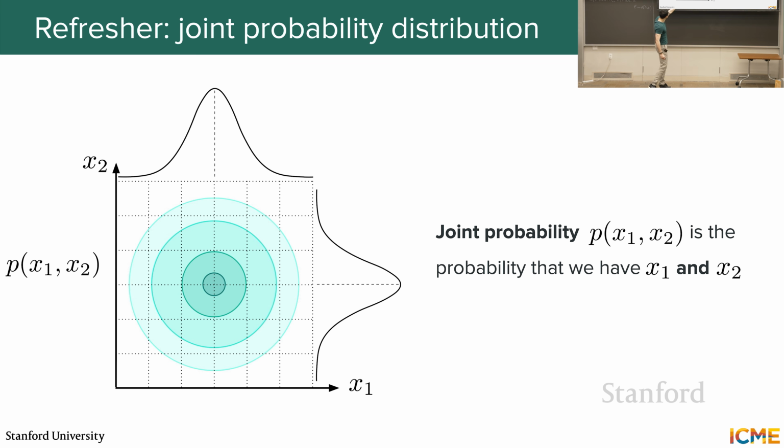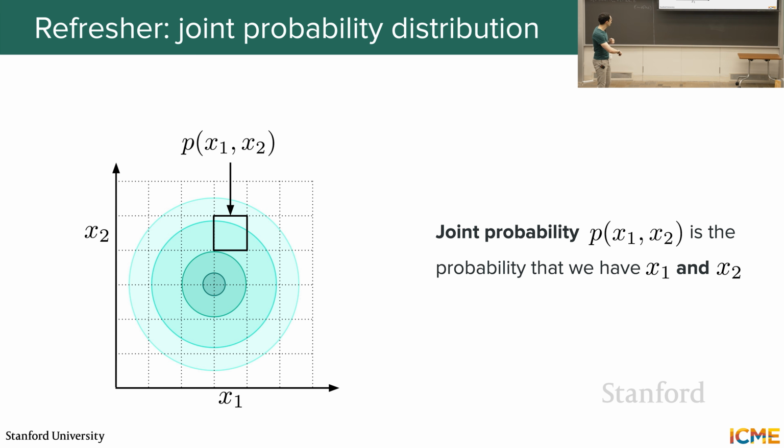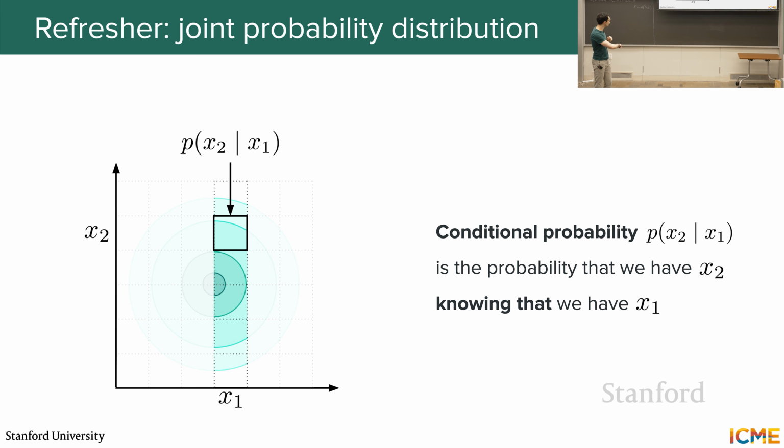And the color that you see here is the density value of this joint probability distribution. So this is, for instance, one square. And the way you would go about doing this for the conditional probabilities is you would just look at one column.